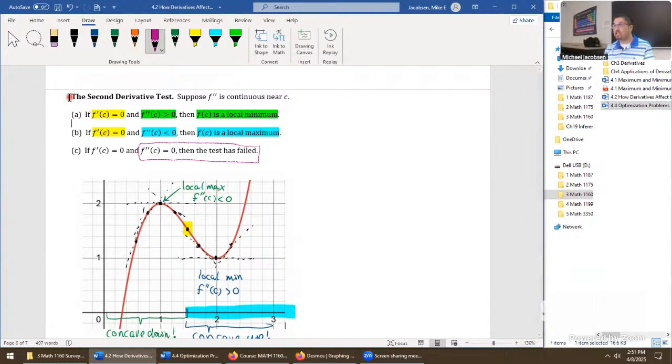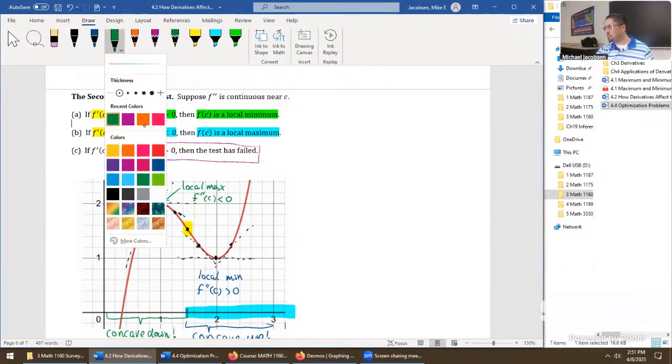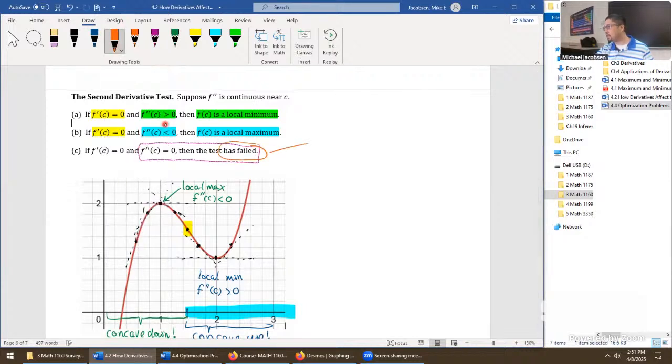The first derivative test is fully conclusive on every single part of it. But if the second derivative is ever 0, we don't have concavity like we see here, and the test has failed. That's a strong word. What we mean by the test has failed is essentially the test is inconclusive.